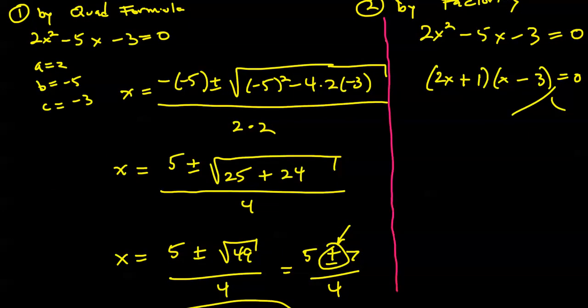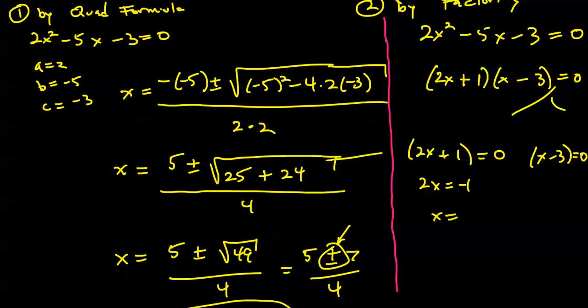Hopefully I'm leading to the same answers as on the left-hand side of the screen. Alright, so I'll then set each of these factors independently equal to 0, branching out to two equations. So 2x equals minus 1 on the left branch, or x equals minus 1/2.